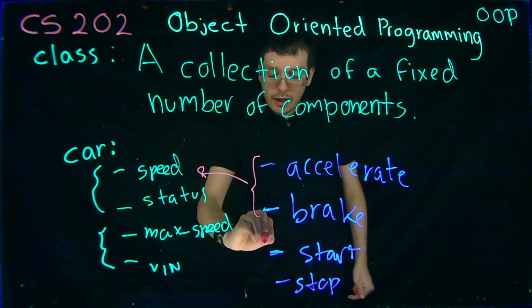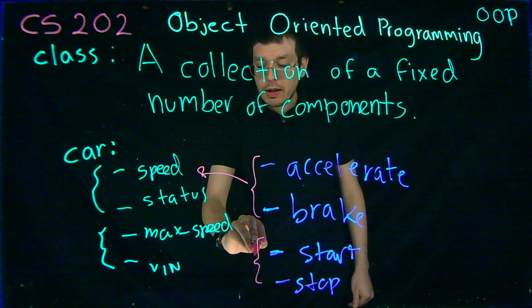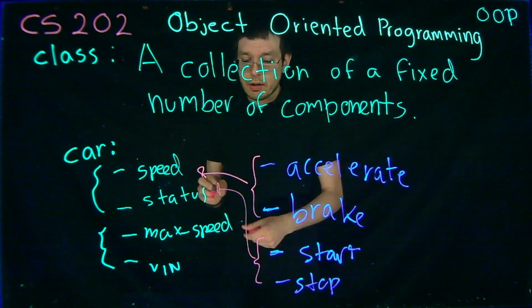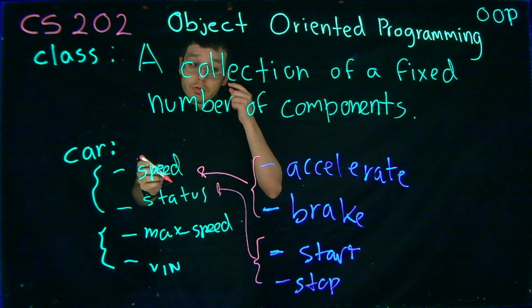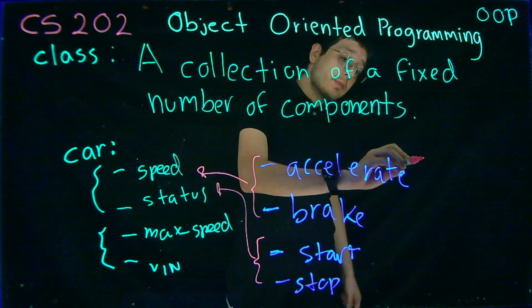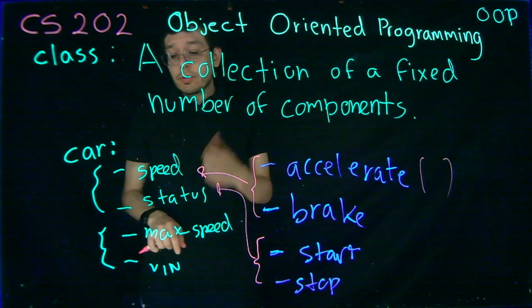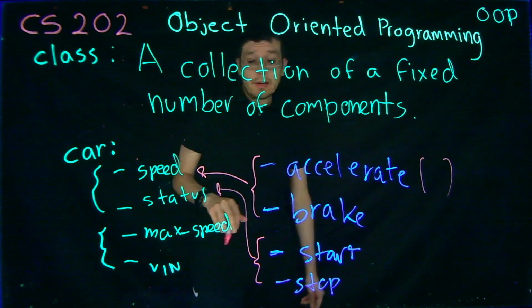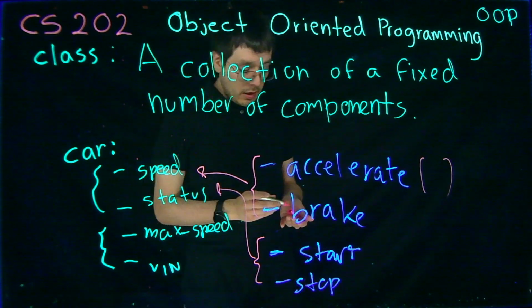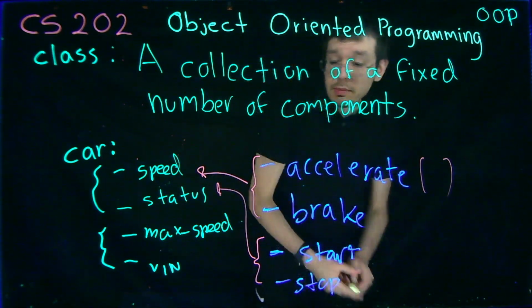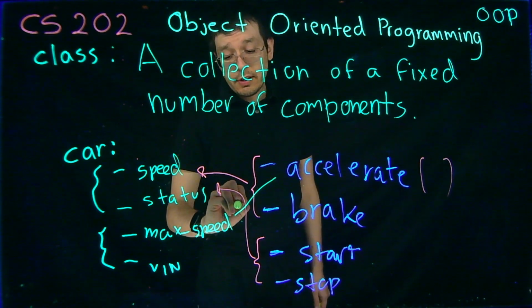Things like start and stop are going to modify something as simple as our status, which is whether the car is on or off. Also, the accelerate function may not just be a simple increase or decrease of our speed. There might be additional checks coming from the max speed variable, or constant, I guess.